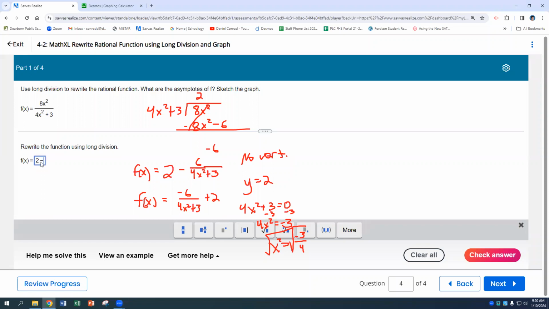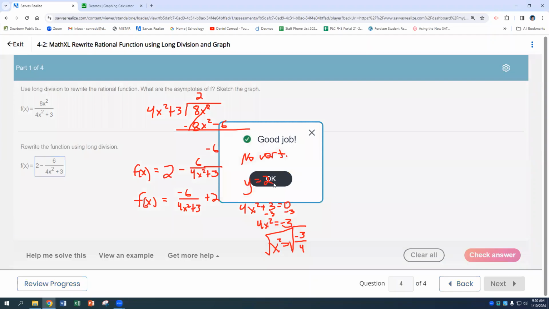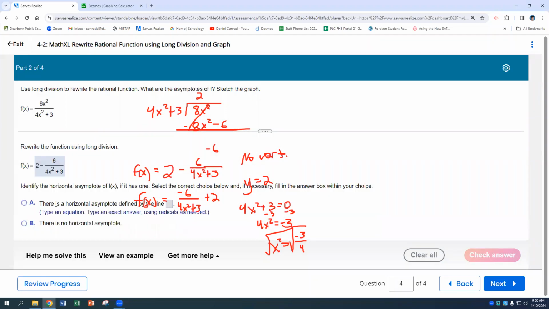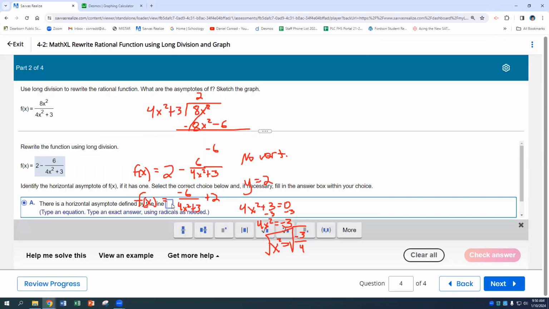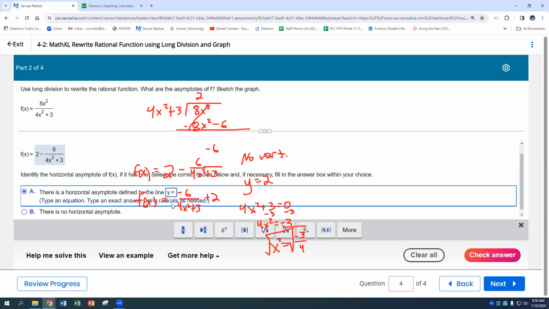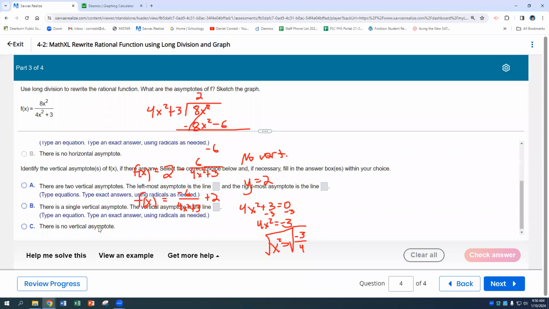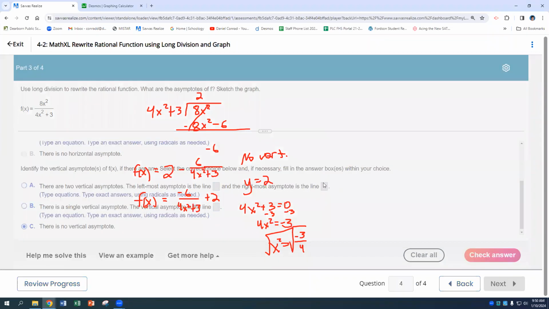Okay, so let's fill in our function here. 2 minus 6 over 4x squared plus 3. Right, there's no value of x, or the horizontal is y equals 2. Okay, there's no value of x that gives us a 0 in the denominator, so there's no vertical asymptote.